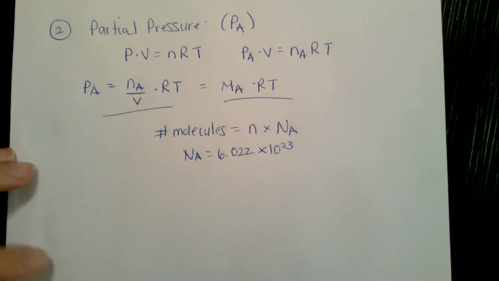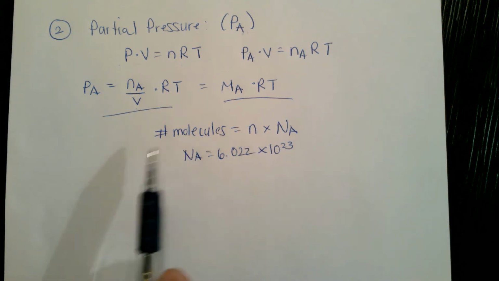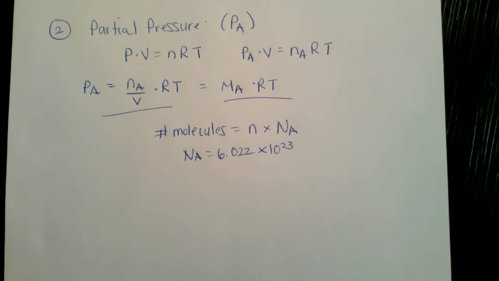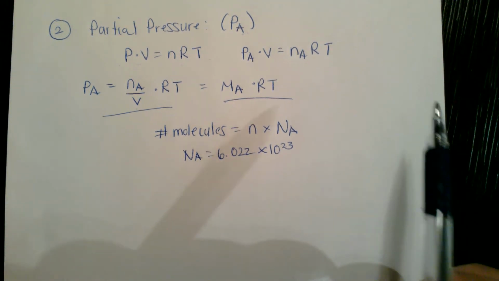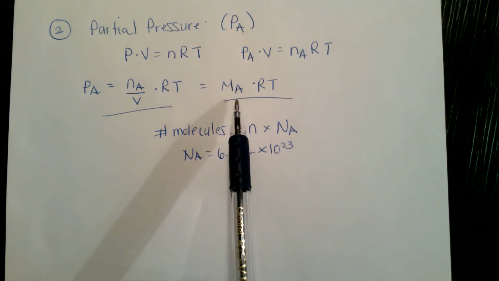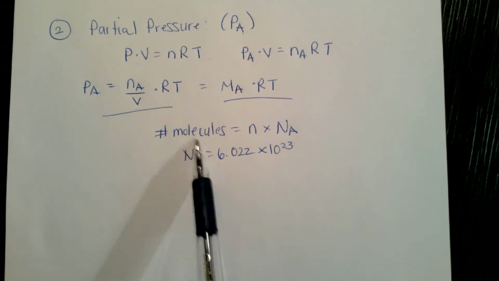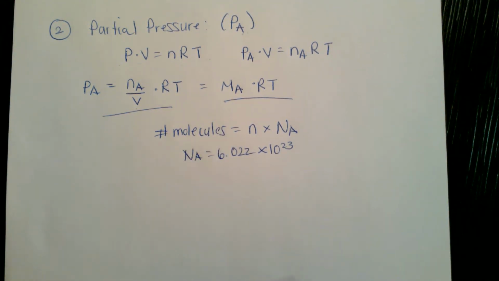Just a little refresher on that. So we can go between molecules and moles quite easily just by using Avogadro's number. In chemistry, we're used to using moles, but with gases you're going to see moles often separated out in favor of the number of particles or number of molecules.